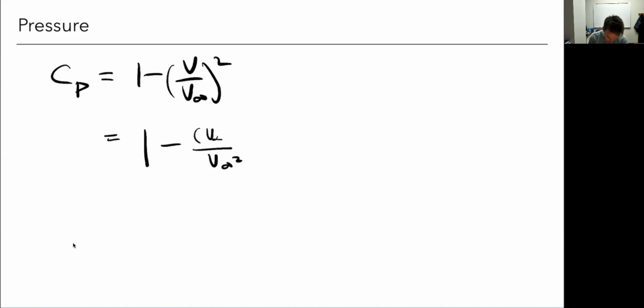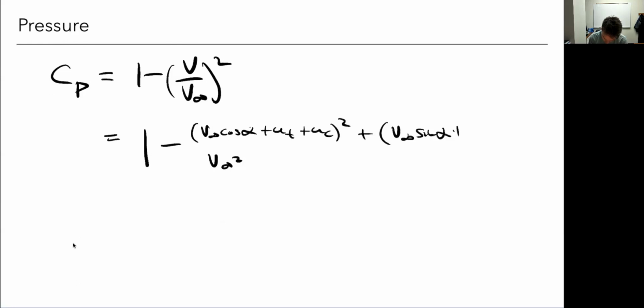So this is going to be V infinity cos alpha, sorry, plus U thickness plus U camber, squared, plus V infinity sine alpha plus V thickness plus V camber, squared, all of that divided by V infinity squared.